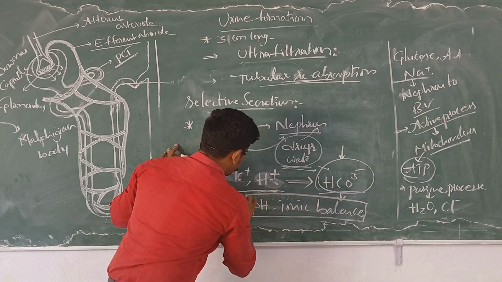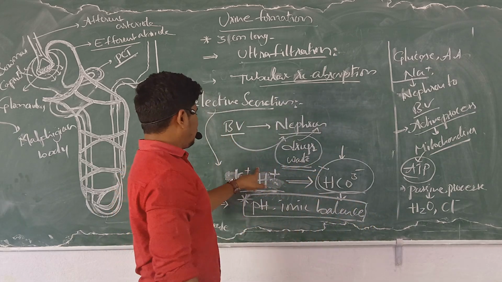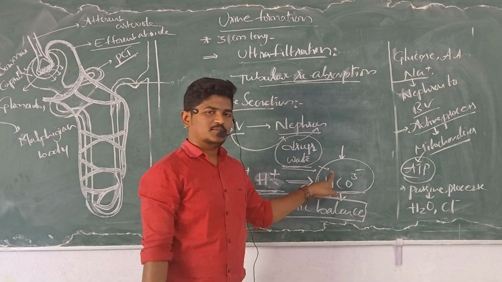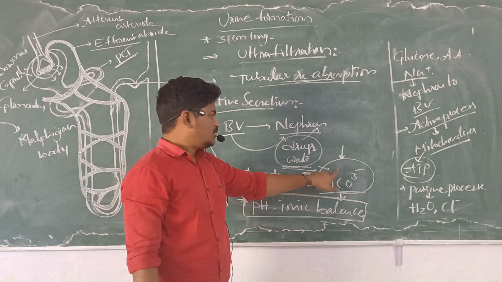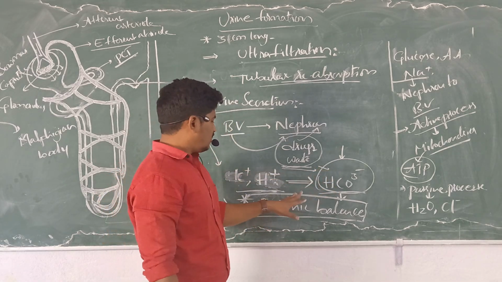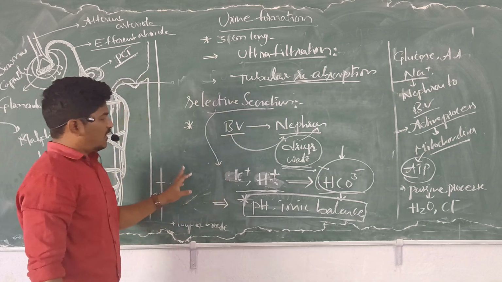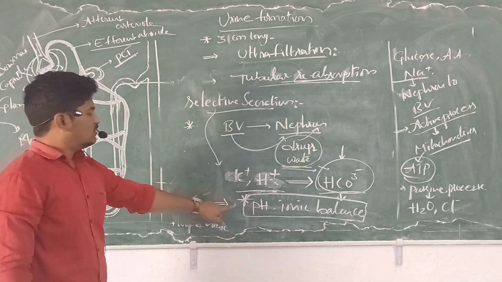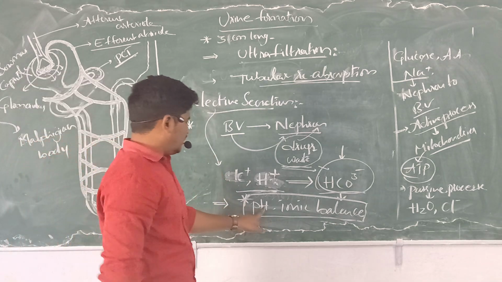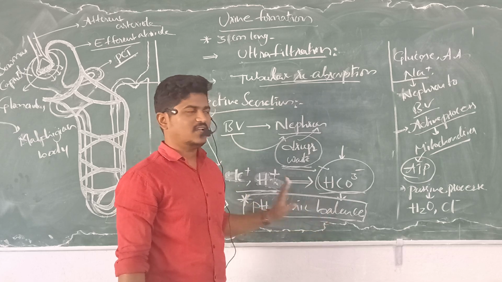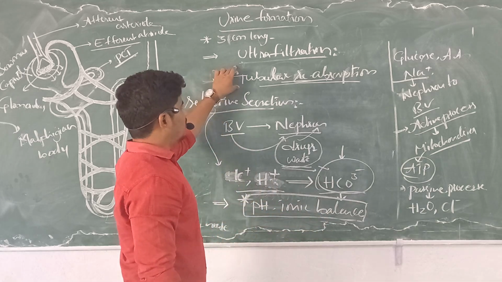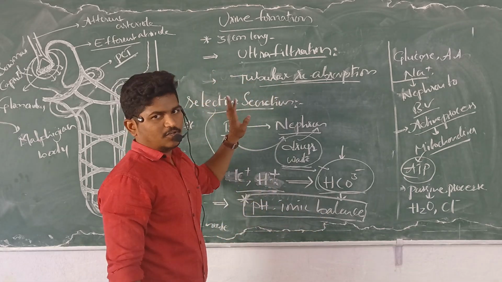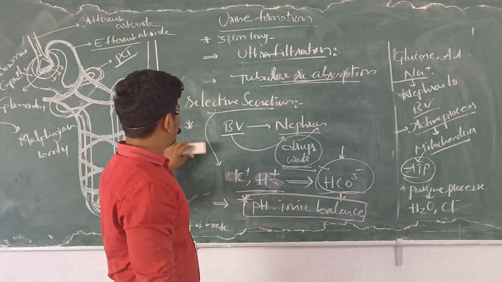This is the main function of the selective secretion and the absorption of bicarbonate ion. By doing that activity, it maintains the pH and ionic balance here. That is what we call tubular reabsorption. And the next one.